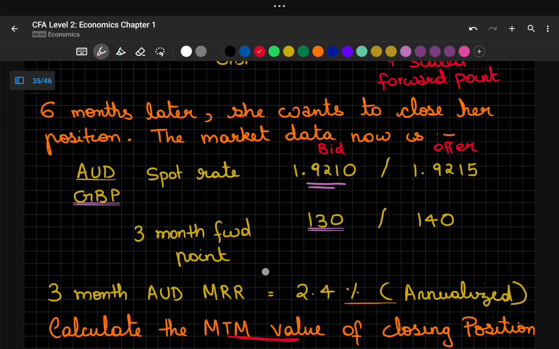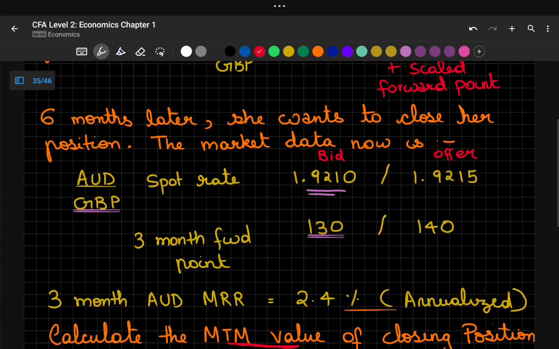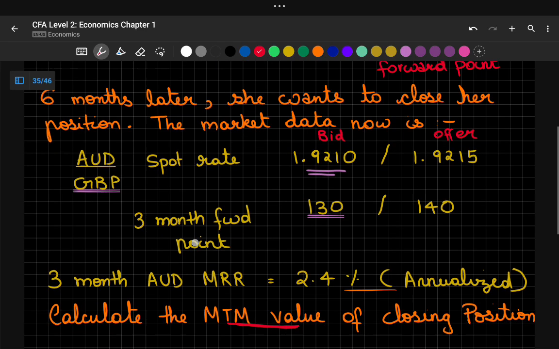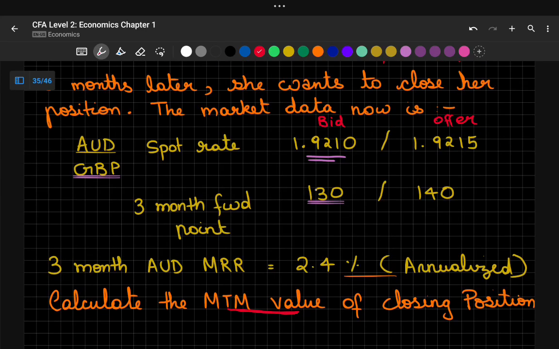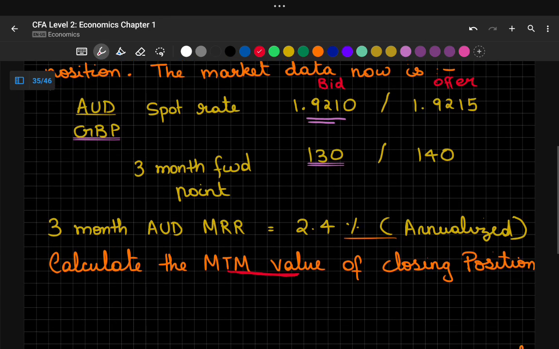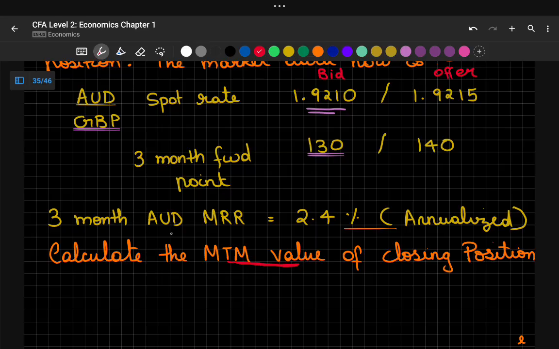Now, in the question, they have said that 6 months later, she wants to close her position. The market data now is: AUD to GBP spot rate is 1.9210 to 1.9215 bid and offer, and the 3-month forward points are 130 and 140 bid offer. 3-month AUD MRR is 2.4% annualized.